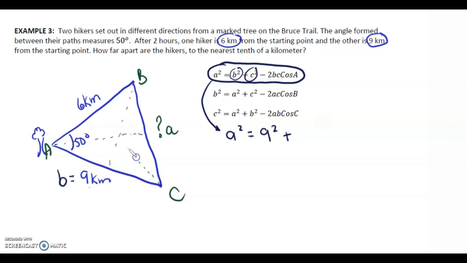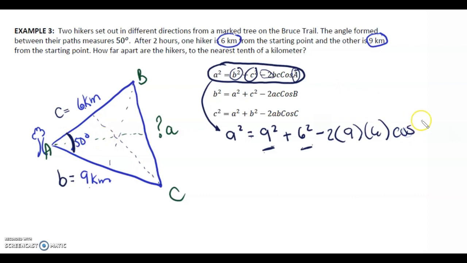So opposite angle C we have side C, which is 6 kilometers. So 6 squared minus 2 BC, which is these two, 9 and 6 repeating, and then cos A. So this is a capital A. That means we're looking at the angle. So cos 50.